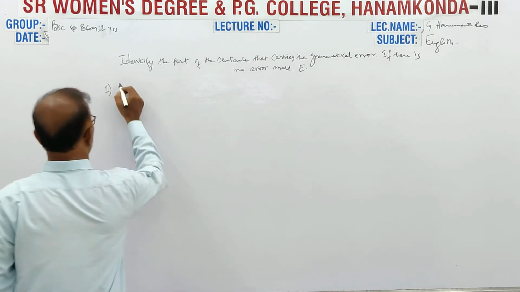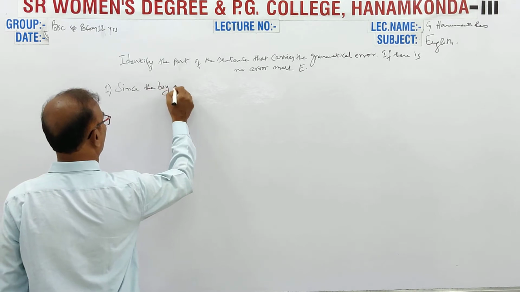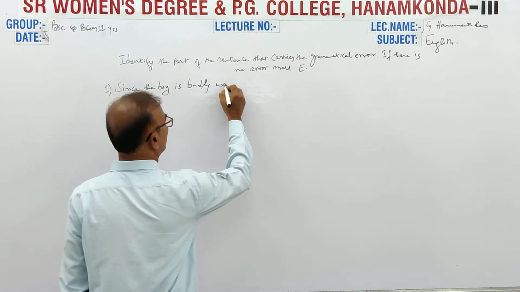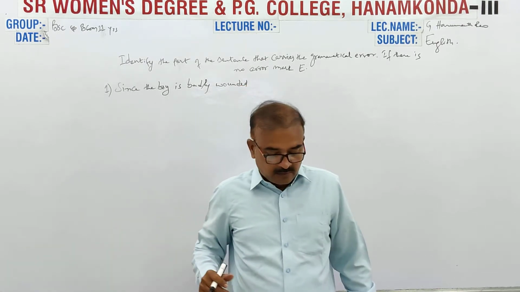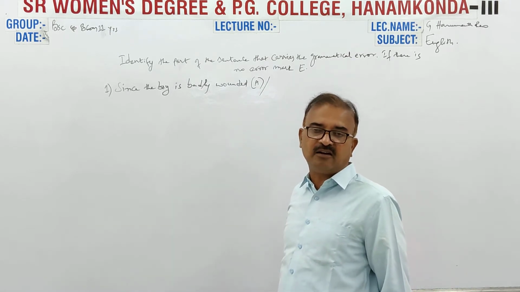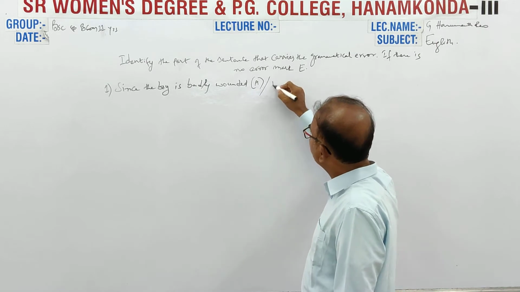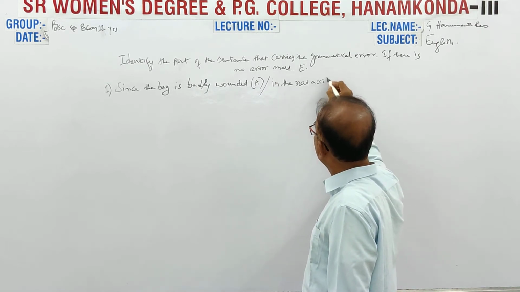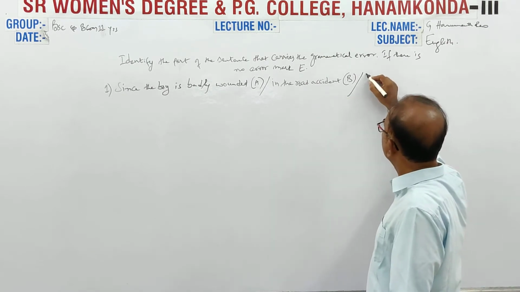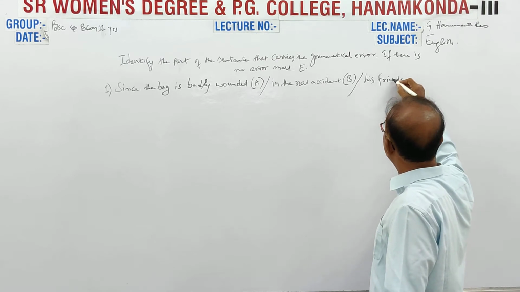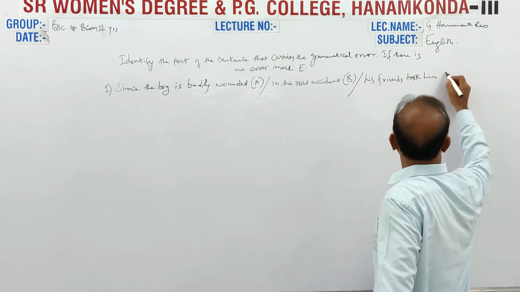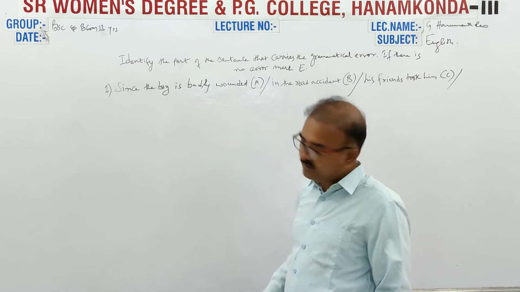Right. First sentence. Since the boy is badly wounded, this is part A. In the road accident, this is part B. His friends took him, this is part C. Took him at the hospital immediately.